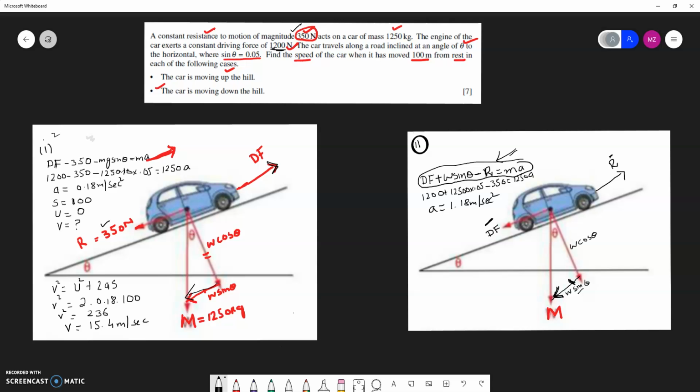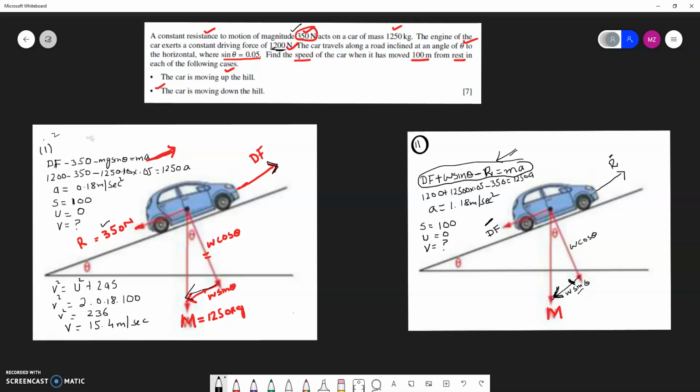And now we need to take one of the equations of motion, plug the values and find out the final velocity in this case. Now again, S is 100, A we have already found out, initial velocity is 0, and we need to find out the value of V.